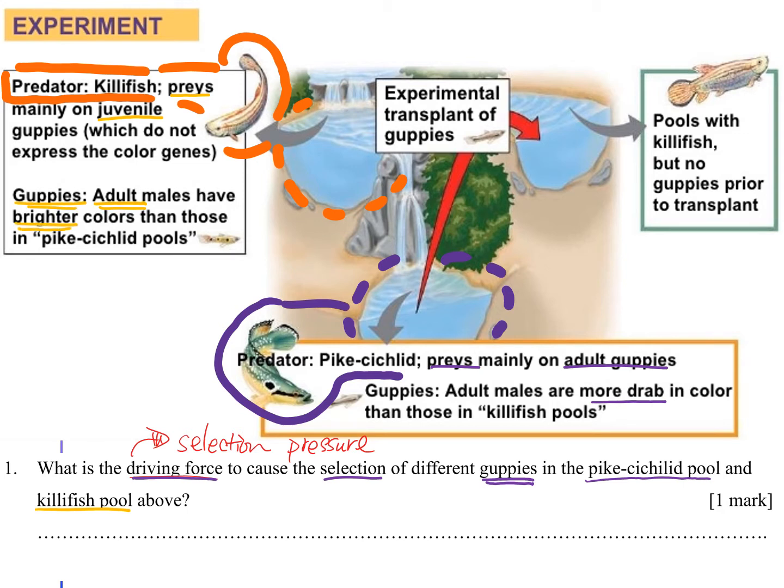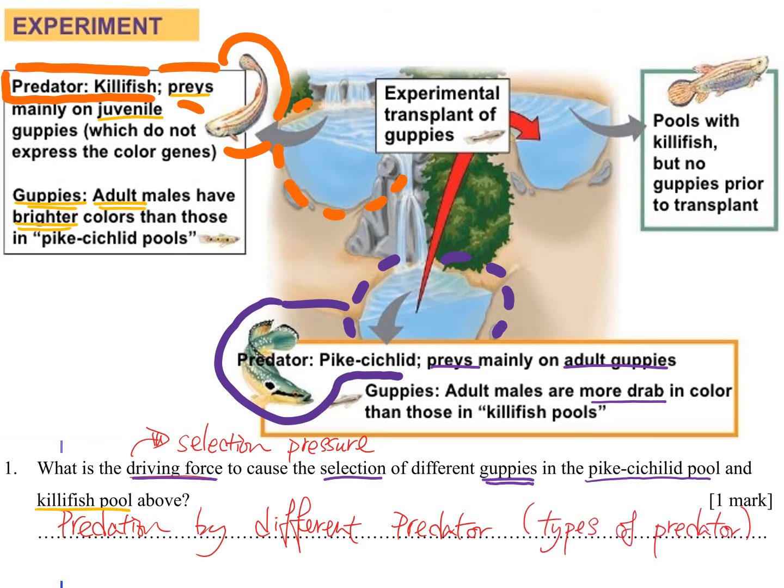Now, what is selecting and leading to different looks of guppies in the two pools? It should be the predation by different predators, the pike cichlid and the killifish, or you can say the type of predator is the selection force.